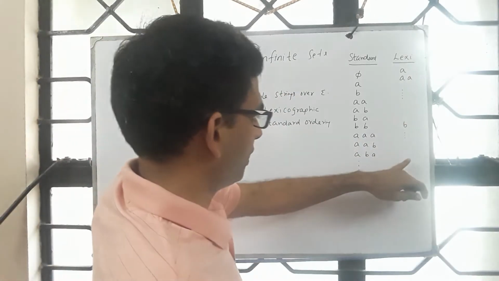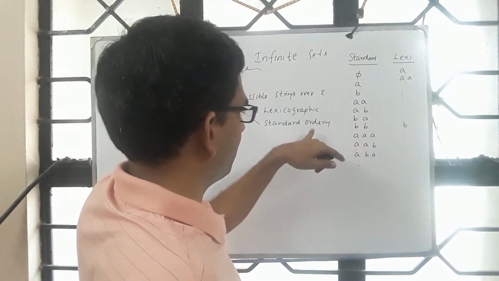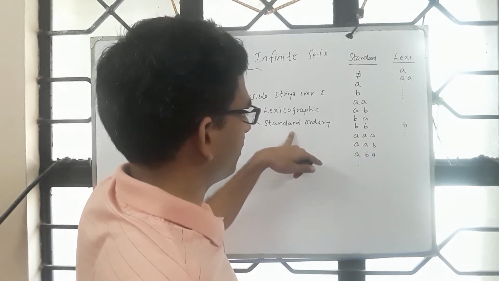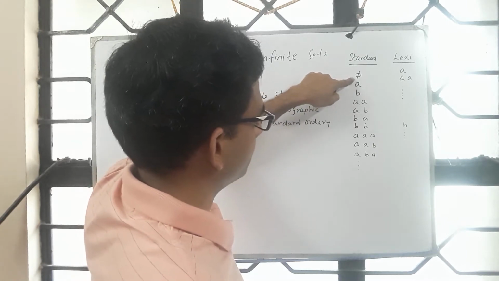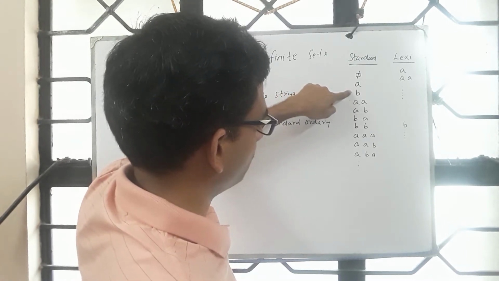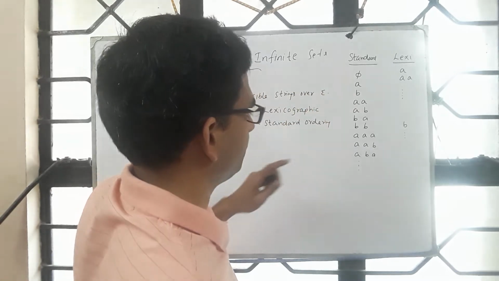But this we don't want, and we want to focus on something called standard ordering. What that says is list strings of length 0, strings of length 1, strings of length 2, and so on.